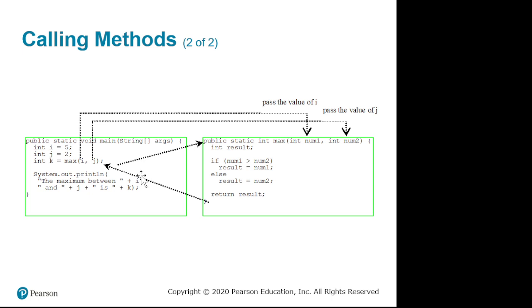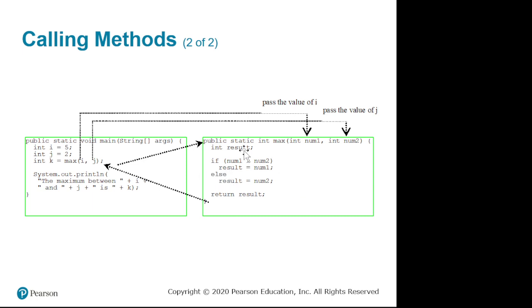So let's look at what happens inside of here. If we create in the main program these integers, and I ask for k to have the larger of the values between these. So I set this up, and when it gets to max(i, j), this code that was previously declared runs.